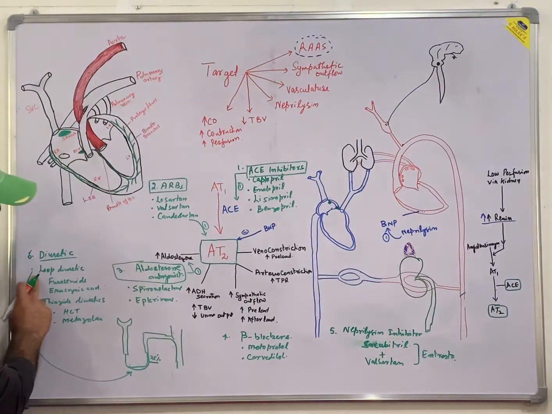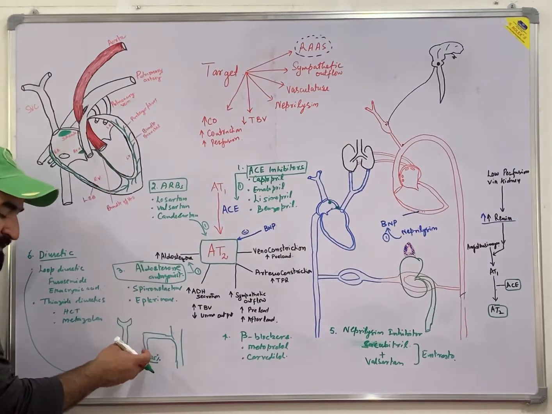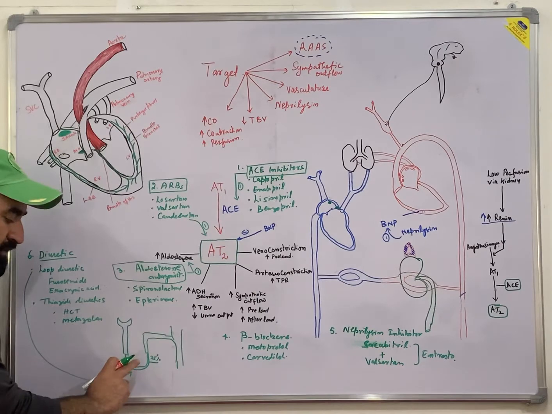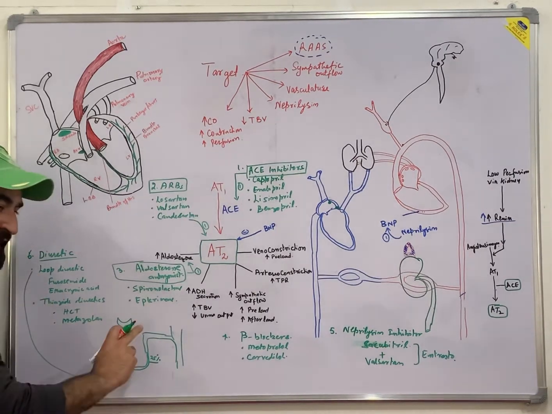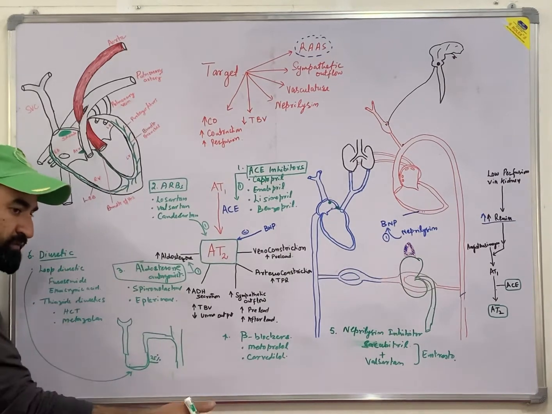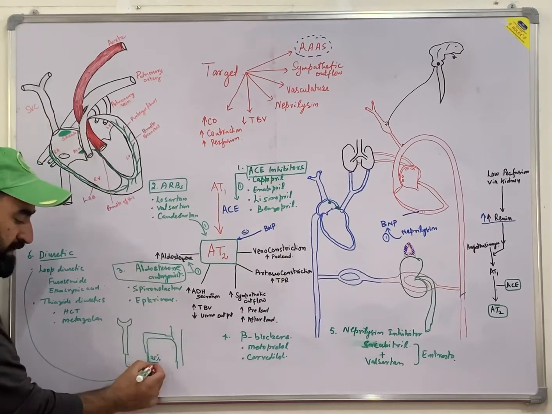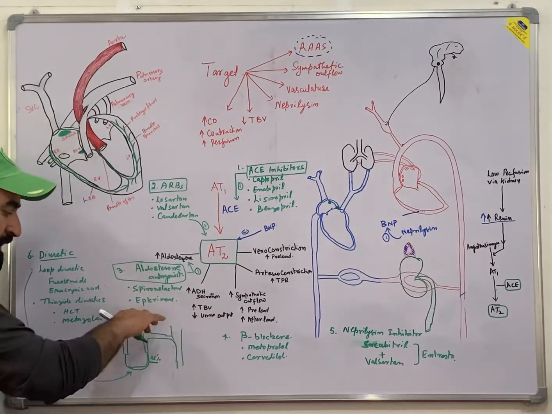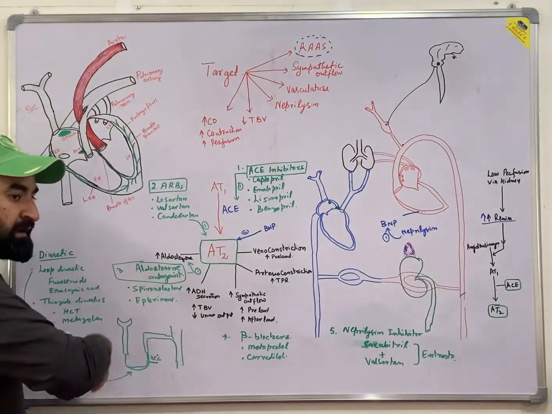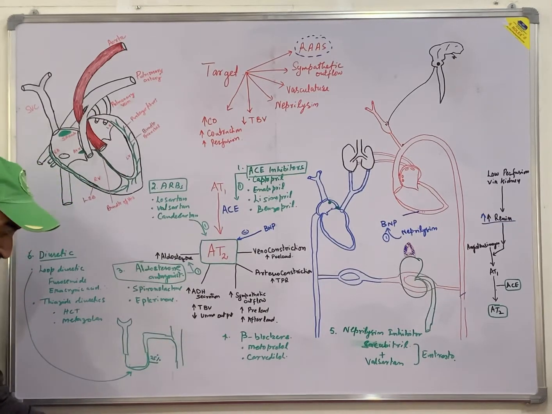The loop diuretic blocks that channel, so that 25% of the sodium goes out of the body. Sodium will drag water along with it.